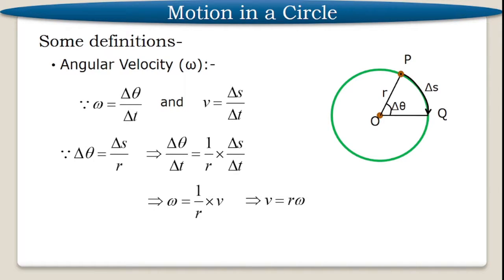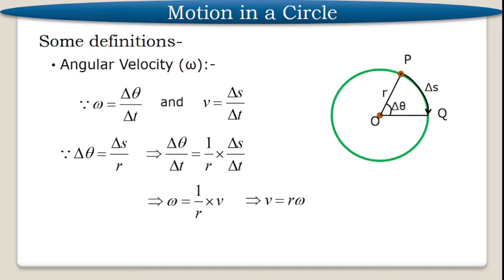In this condition, we can say that v means linear velocity, and the direction of linear velocity is always perpendicular to the radius of this circle, and always perpendicular to the direction of angular velocity.